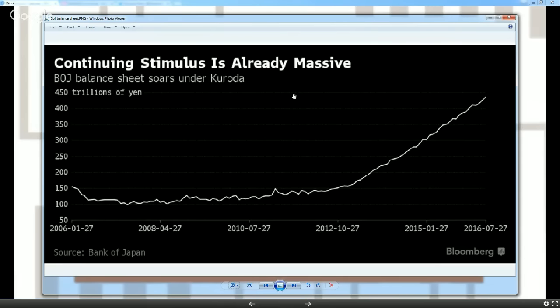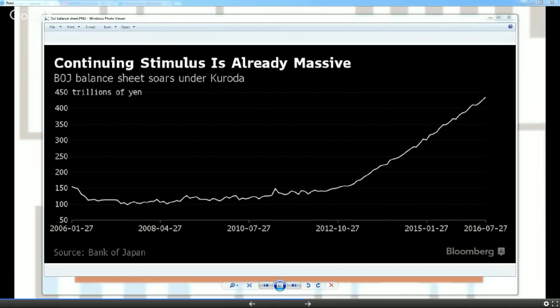That is basically the same size as the Fed balance sheet, and the US economy is, well, was it 2.5, 3 times the size of Japan? So you can understand the size of the Bank of Japan balance sheet on a relative basis is enormous.